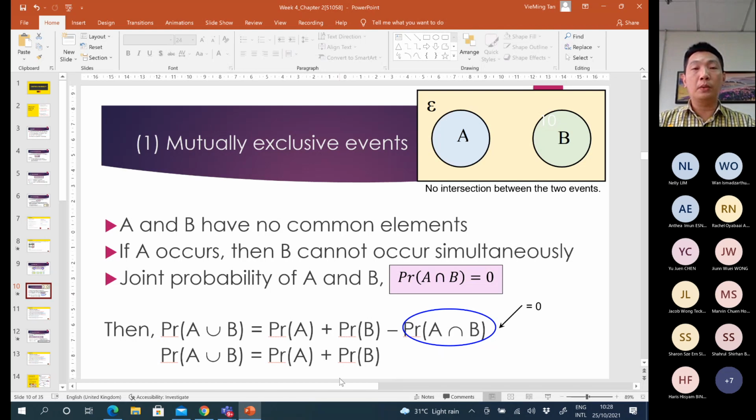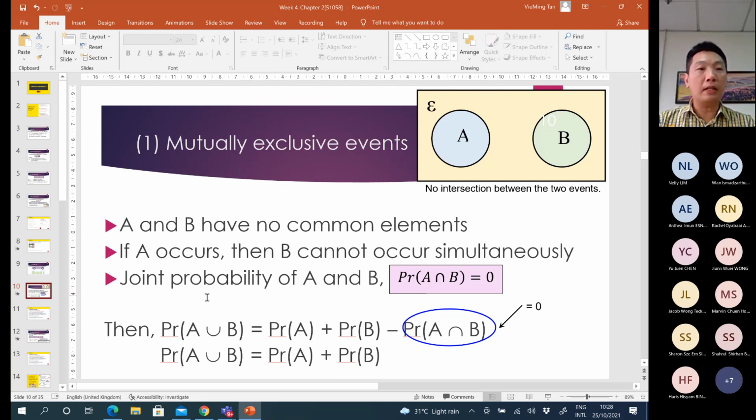If you want to do some calculation that involves mutually exclusive events, A union B is equal to probability A plus probability B only. A intersect B is equal to 0, so you can remove it. You can only remove this term when A and B are mutually exclusive. Then you can simplify your formula for A union B.